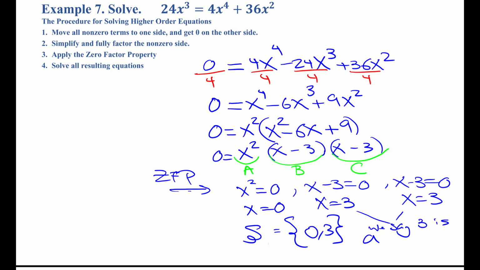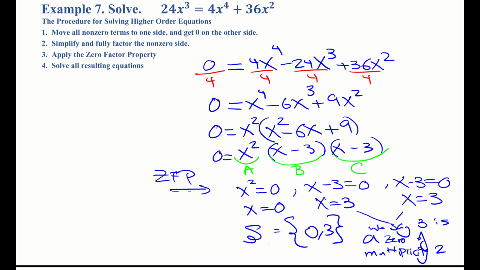So we say that, for example, 3 here is a 0 of multiplicity 2. What does that mean? That just means 3 is a solution of this equation, not once, but twice. That's all it means, okay?